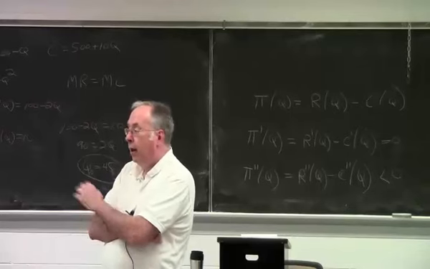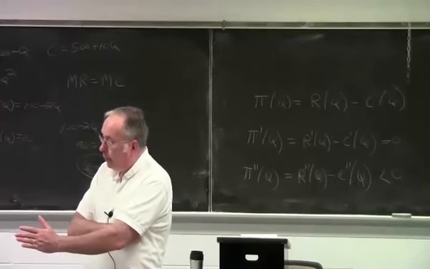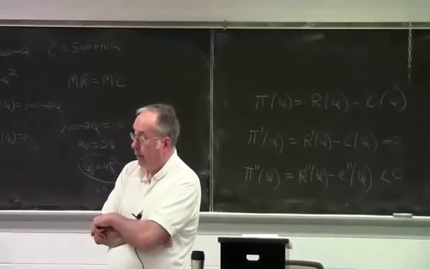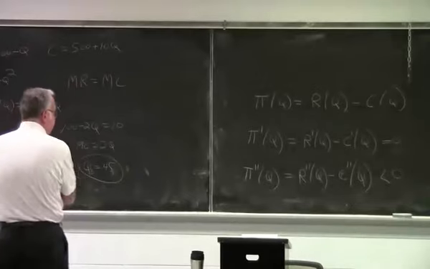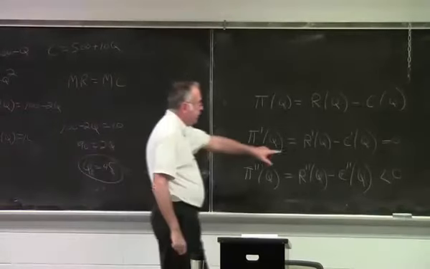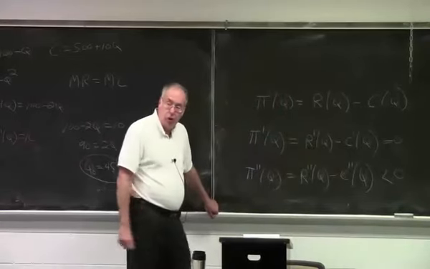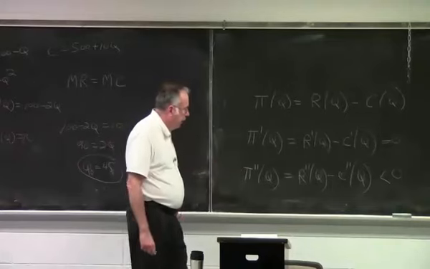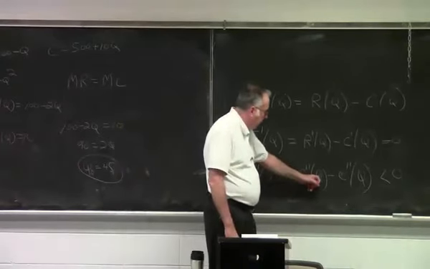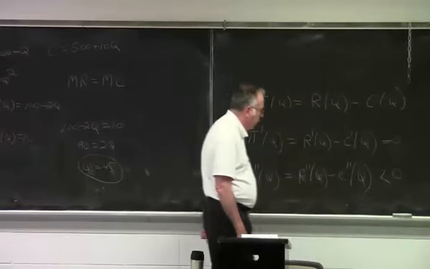And in a similar fashion, C prime of Q is marginal cost, and C double prime of Q is just the slope of marginal cost. So the second order sufficient condition requires that the slope of marginal revenue minus the slope of marginal cost be negative.